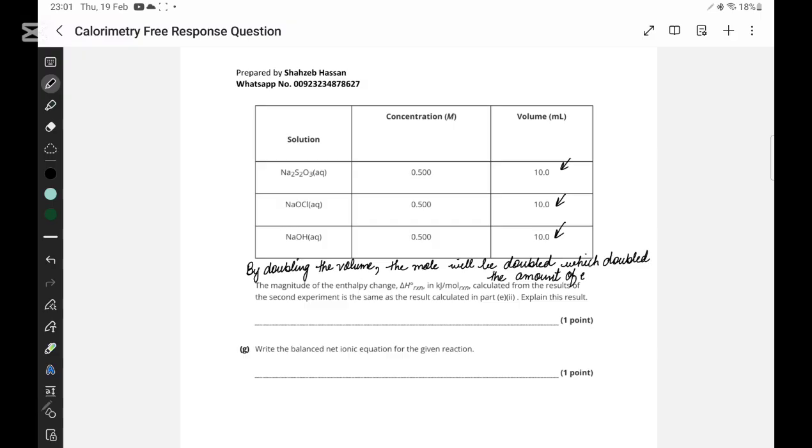So for the enthalpy of reaction, now you know mc delta T, this would become 2 mc delta T, because heat is also doubled, and the moles are also doubled, so they would cancel out and the answer would remain the same. So we can say the magnitude is the same as calculated in the first experiment.